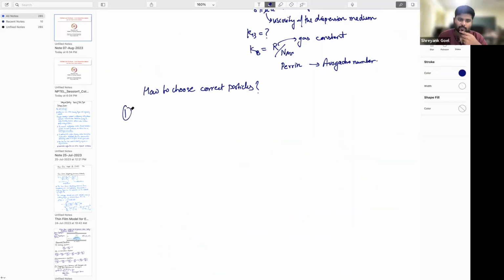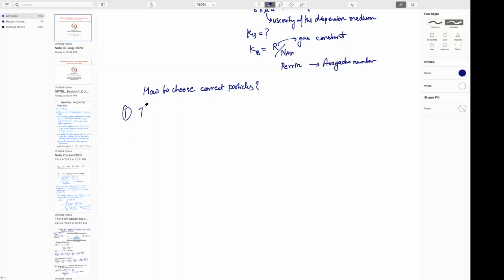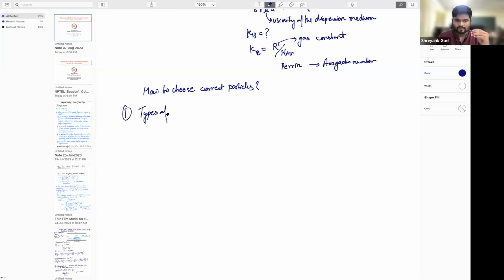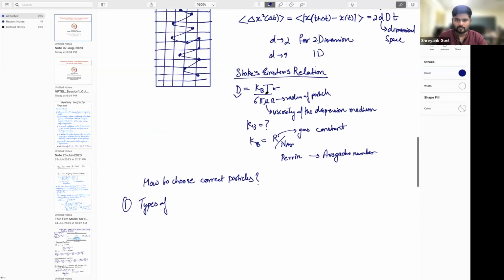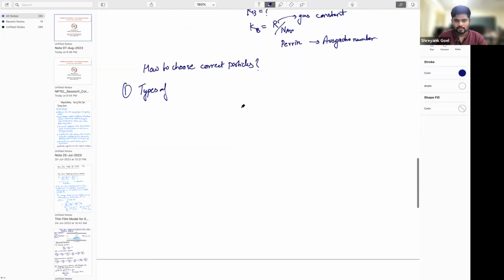Different parameters we need to consider. The first point is that we should know the type of forces acting on the particles in the dispersion. That's why all these buoyancy forces that we have discussed, so that it shouldn't fall, and hydrodynamic forces, should be managed in a way. All these things we should know a priori to choose the particle.